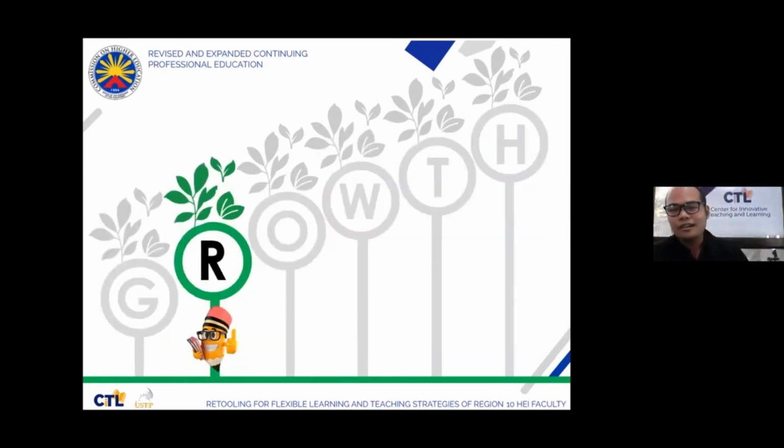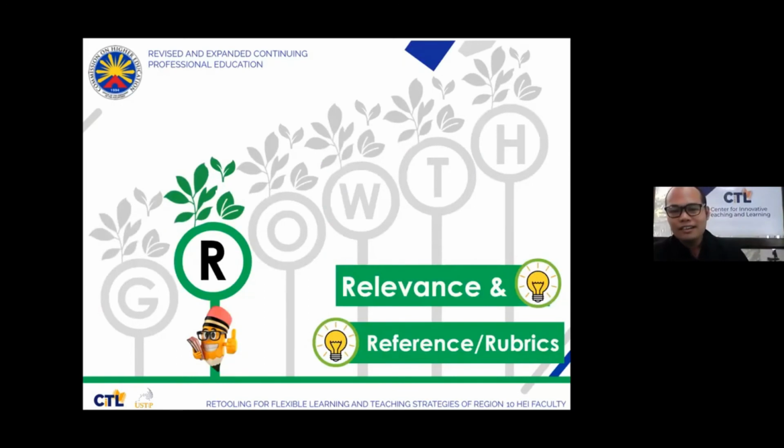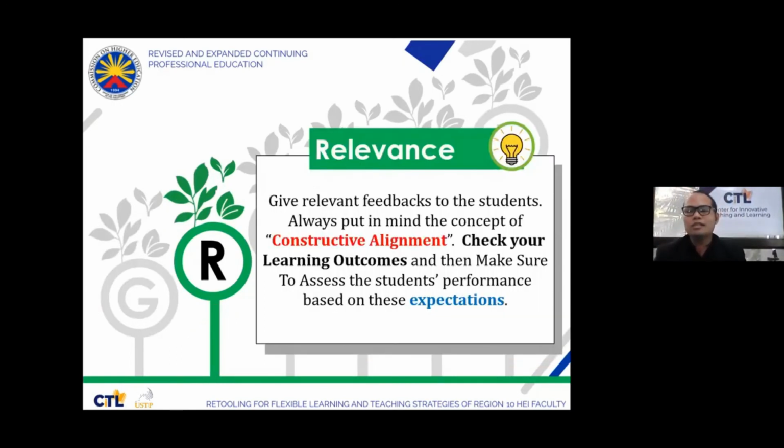Next is R. R stands for relevance and the use of reference and rubrics. So relevance is just going back again to my first part of my presentation, the constructive alignment. So you have an outcome, you design activities to let the students be triggered and develop these outcomes.